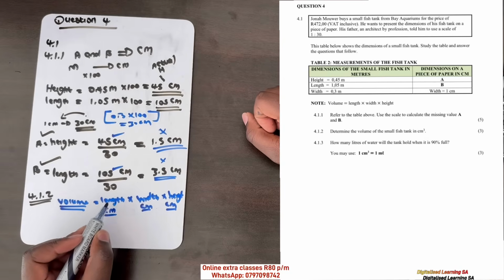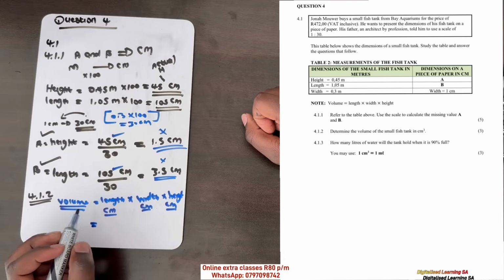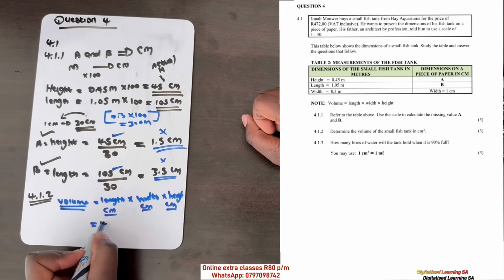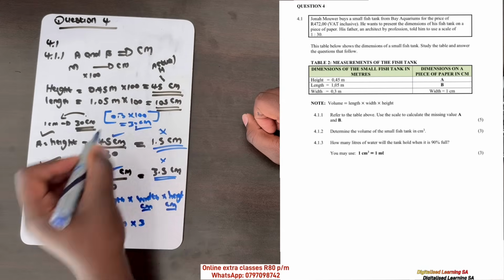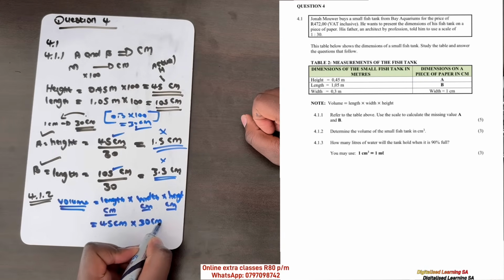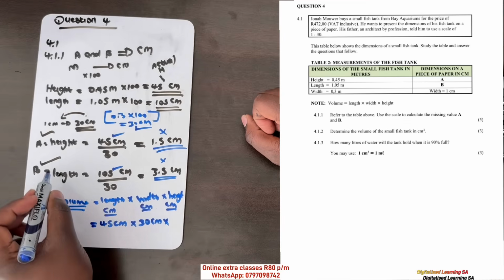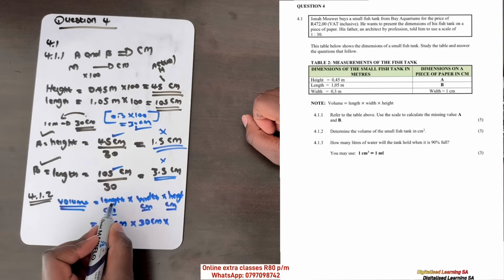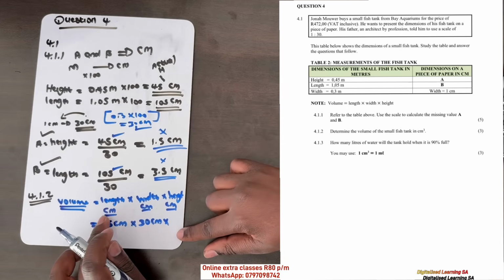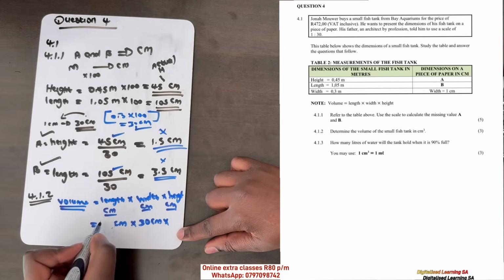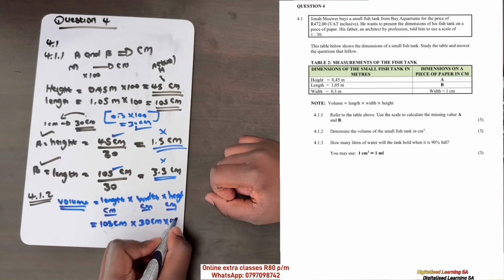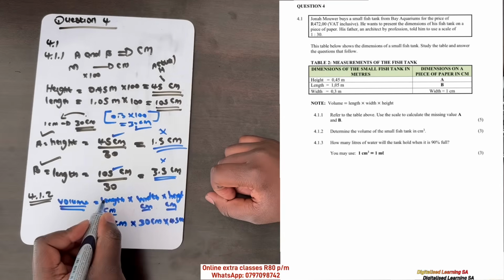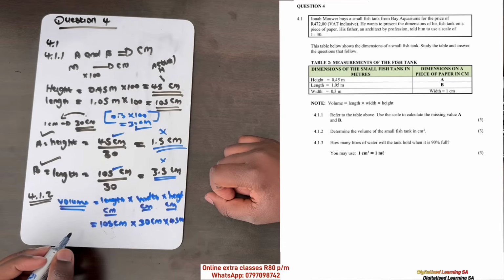Our volume will be equal to our length, which is 45 centimeters, and our width, which is the one we calculated here, 30 centimeters, and our height, which is, so our length is 105, so you will have 105 centimeters multiplied by 30, and then 45 centimeters, which is our height.